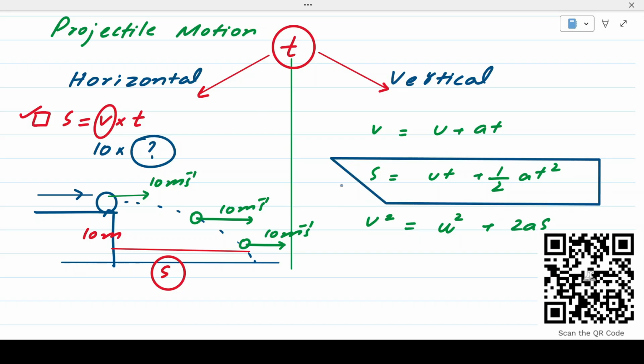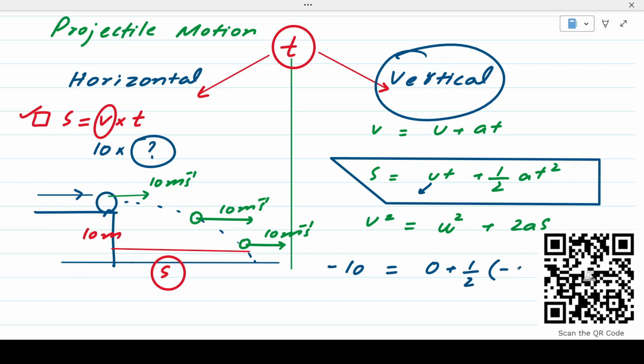S means the vertical. Now we're discussing the vertical thing only. Vertical displacement is 10, technically below the reference, so minus 10. U represents initial velocity, but which one? Vertical. Everything here is vertical. There was no initial vertical velocity because the object is launched horizontally. So u is 0, and 0 times t would be 0. 1 over 2 as it is.